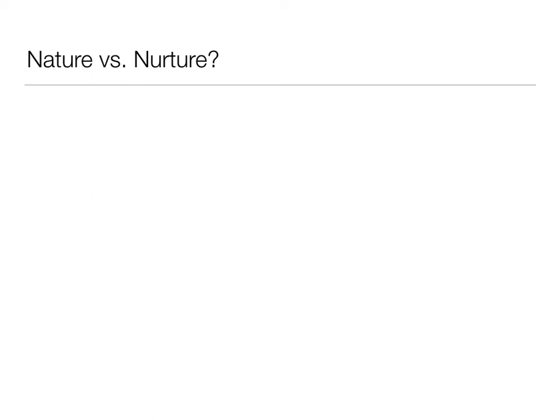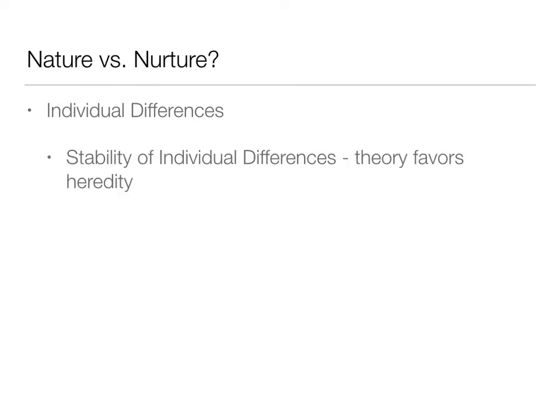Within this nature and nurture question, there are also the questions of individual differences. When we have stability of individual differences, where the difference between Joe and Susie is stable, that theory is going to favor heredity. When we see a theory that says Joe is different than Sally because maybe Joe is male and Sally is female, those can be genetic differences, and so that theory is going to favor heredity.